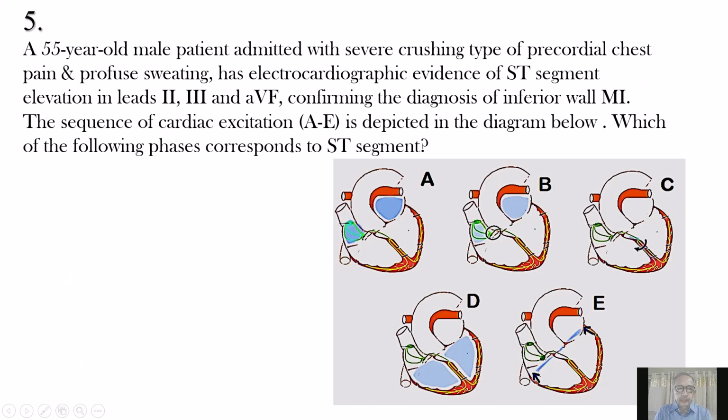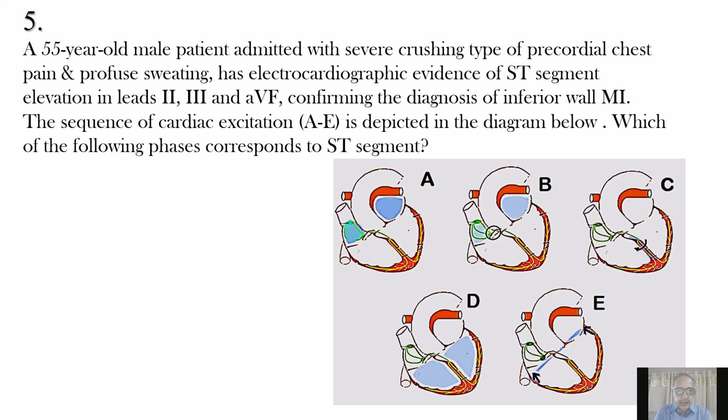5. A 55-year-old male patient admitted with severe crushing type of precordial chest pain and profuse sweating has electrocardiographic evidence of ST segment elevation in leads 2, 3 and AVF, confirming the diagnosis of inferior wall myocardial infarction. The sequence of cardiac excitation shown in images A to E is depicted in the diagram.